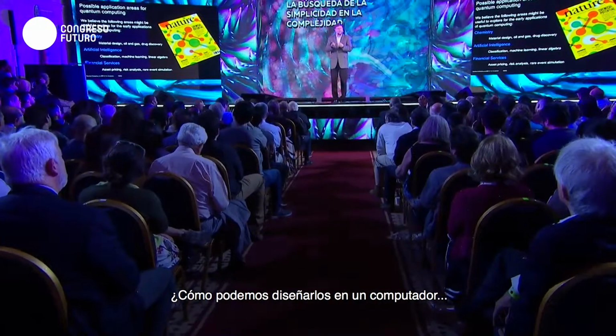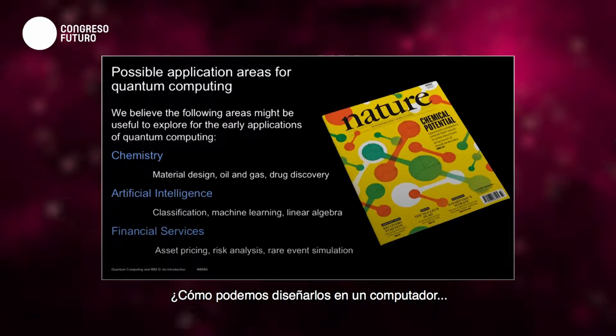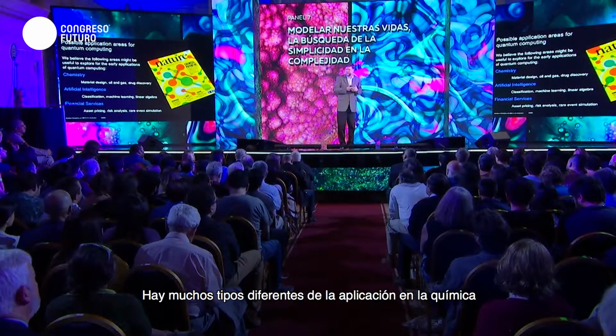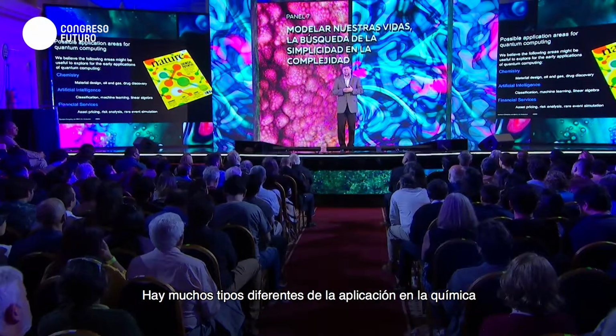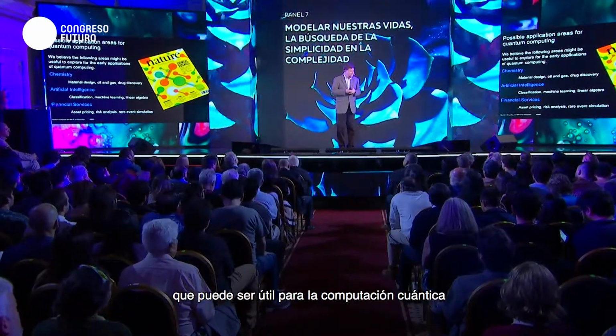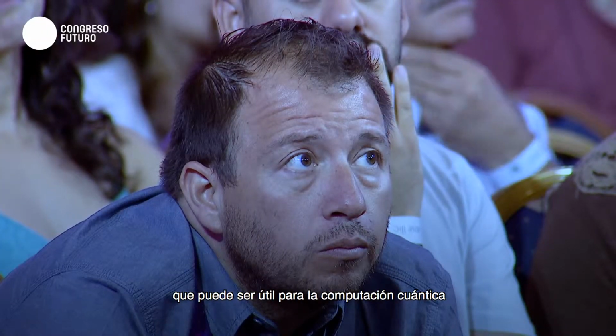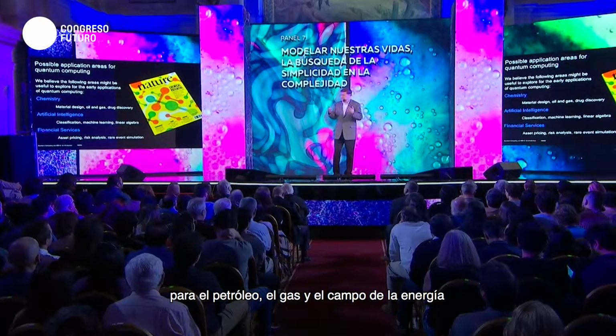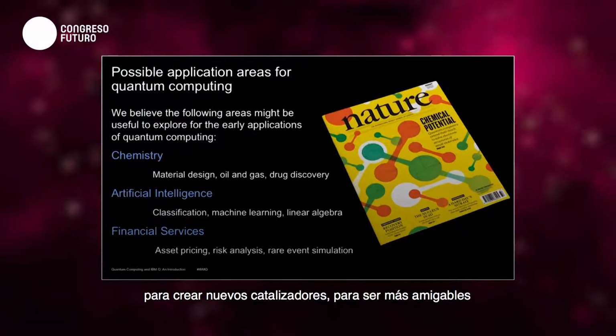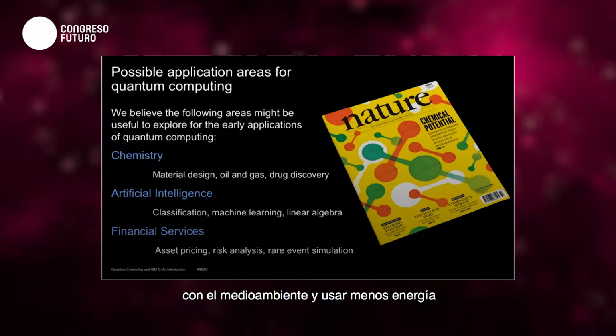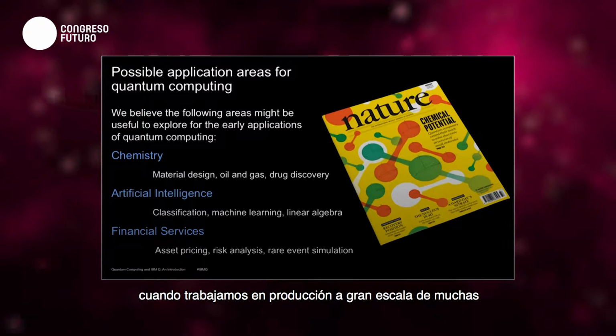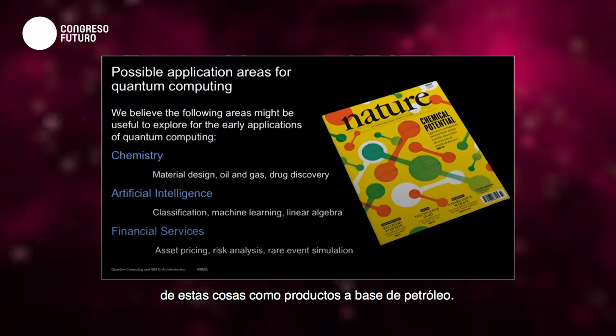How can we design them in a computer so we don't have the trial and error of material science? So there are many different types of chemistry applications that may be useful for quantum computing, for oil and gas in the energy field, to create new catalysts, to be more environmentally friendly, to use less energy as we do large-scale production of many of these things like petroleum products.